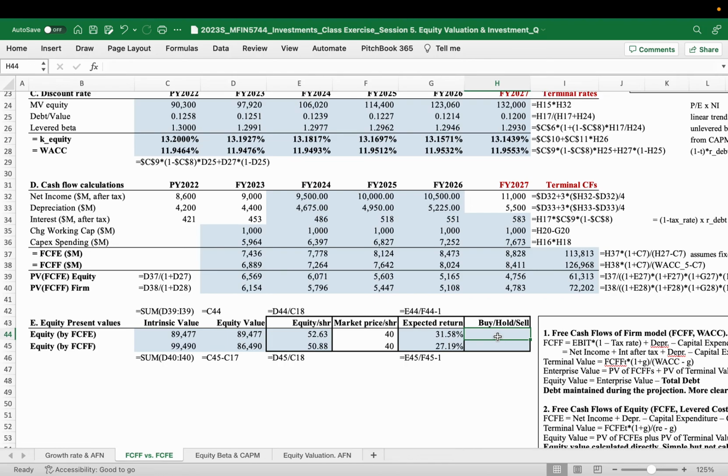So in this case, we can issue a buy report. It depends on the different criteria the investment bank has. They can put hold or sell under different criteria. Some companies have a range between 5% and negative 5% which is hold, or 10% and negative 10% hold, and then above this hold range, they put buy or sell, or neutral.